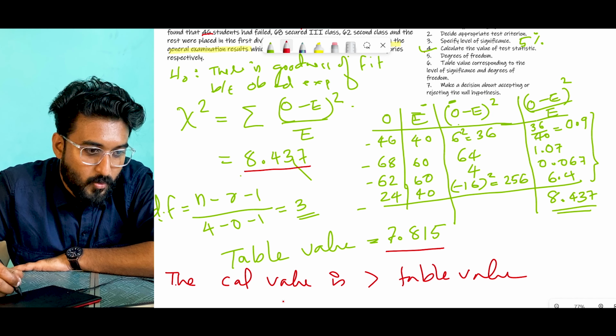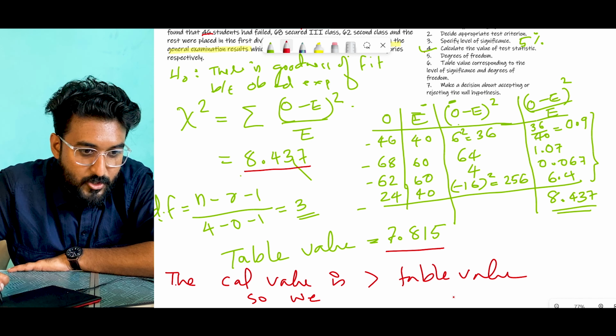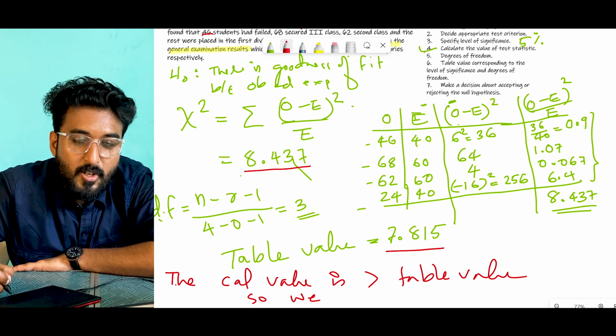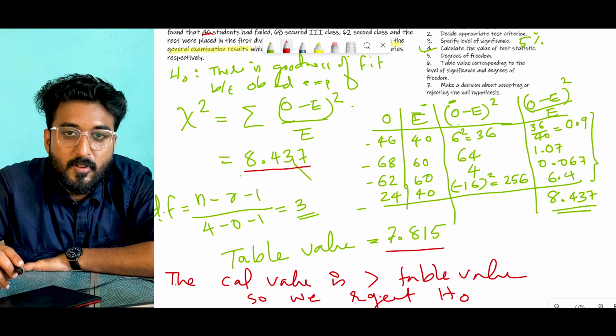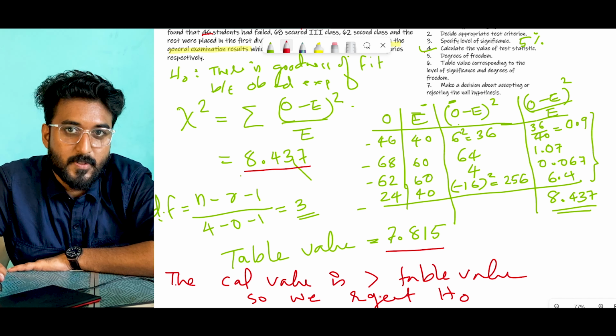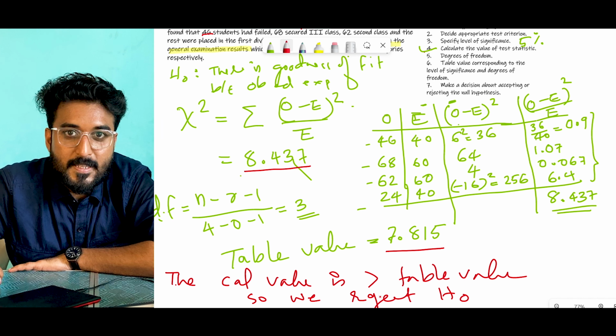So we reject H naught, the null hypothesis. What will you accept? The alternative hypothesis. We will accept the alternative hypothesis. Okay. So this is the thing.